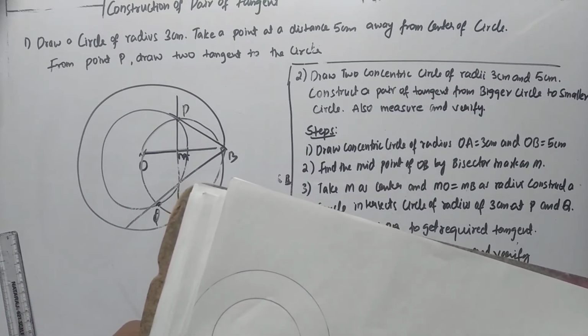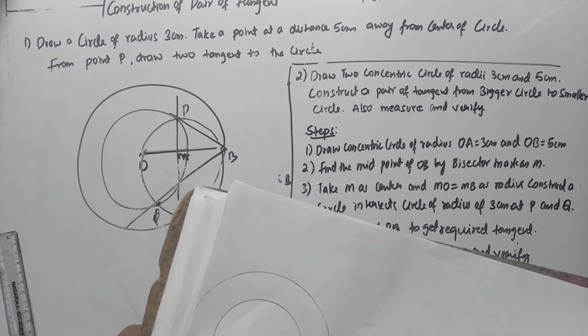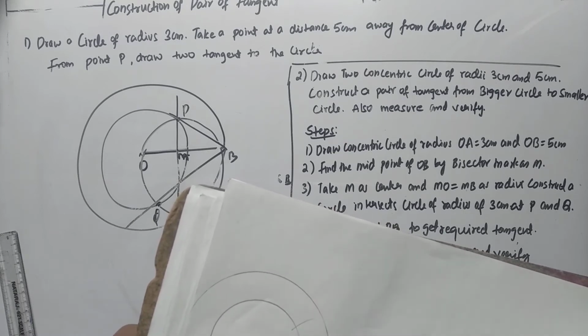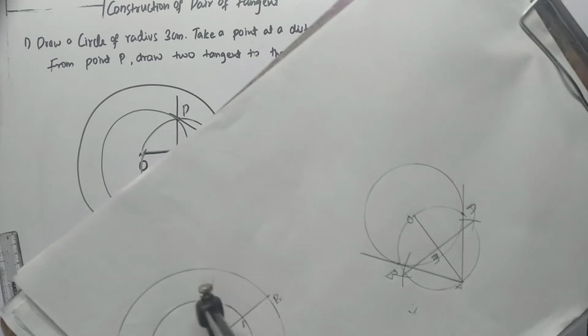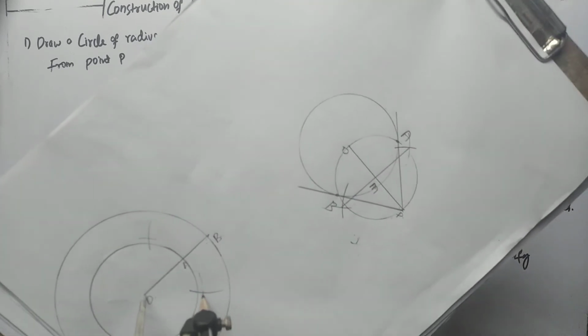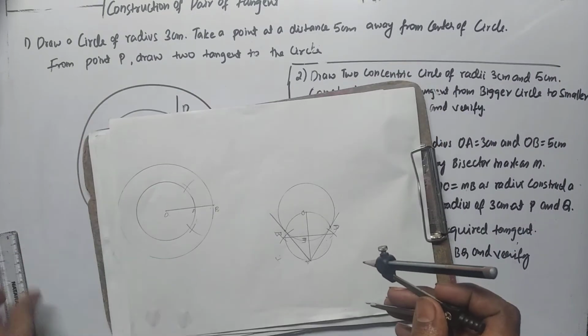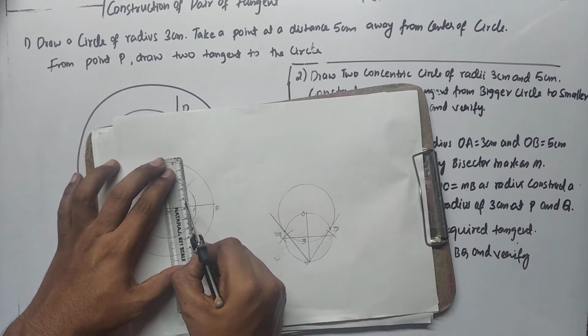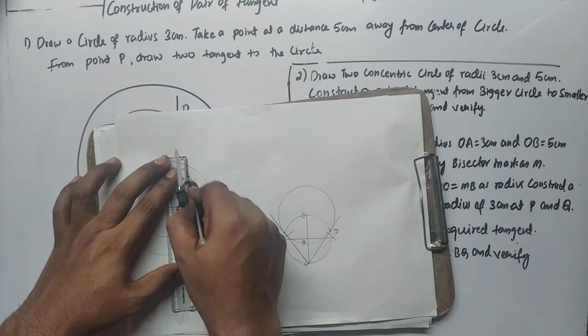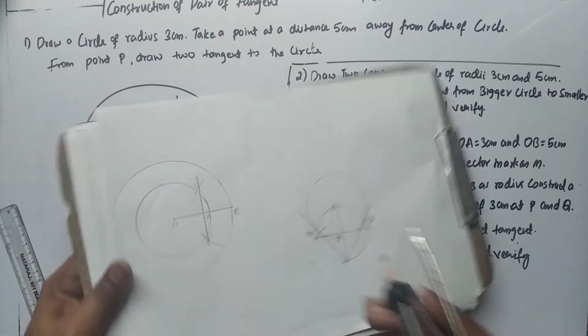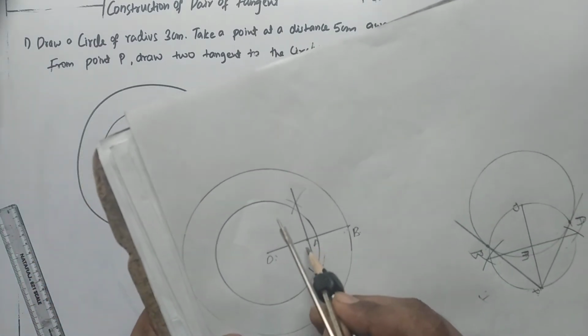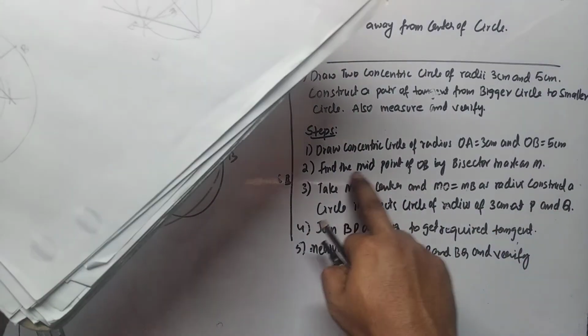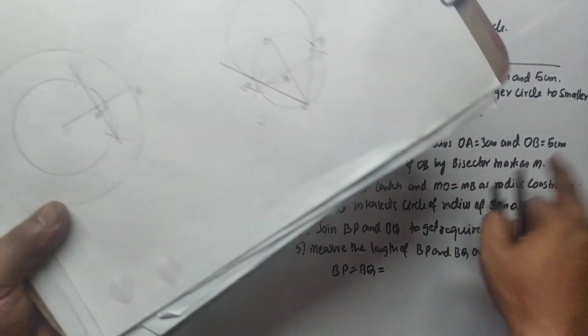You can take the help of a scale. So I have drawn the bisector of OB. You have to take this point as M. Find the midpoint of OB by bisector, mark as M.